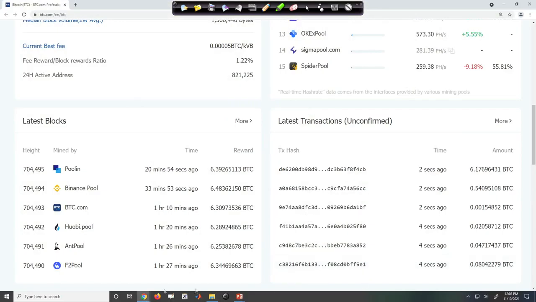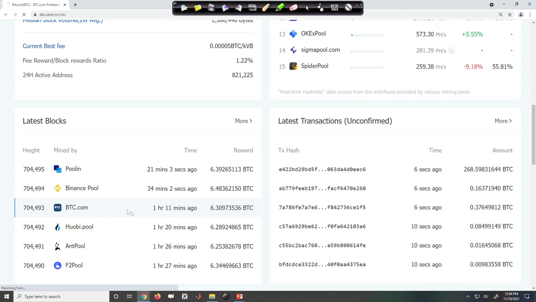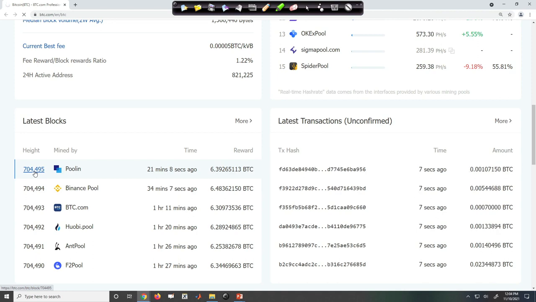If you look at this example, I am just picking up one of these most recent blocks, which is 704495, and as you can see I am doing it in real time. So, this was generated 21 minutes 8 seconds ago.